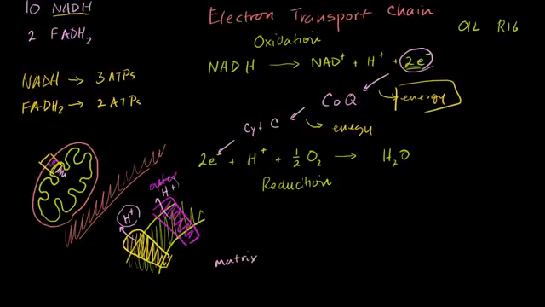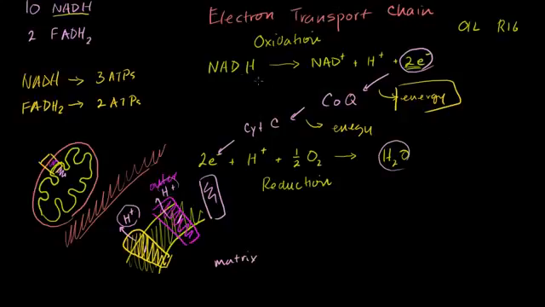So by the end of the electron transport chain, if we just followed one set of electrons, by the time they've gone from their high energy state in NADH to their lower energy state in water, they've supplied the energy to these protein complexes that span our cristae to pump hydrogen from the matrix into the outer membrane.